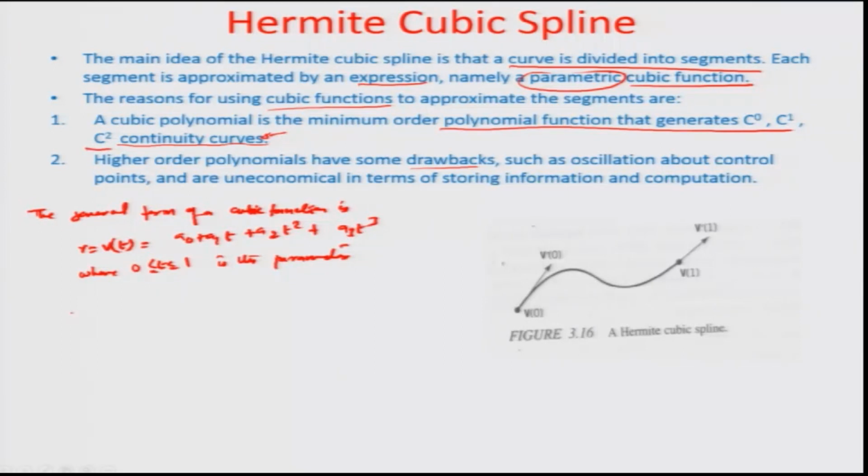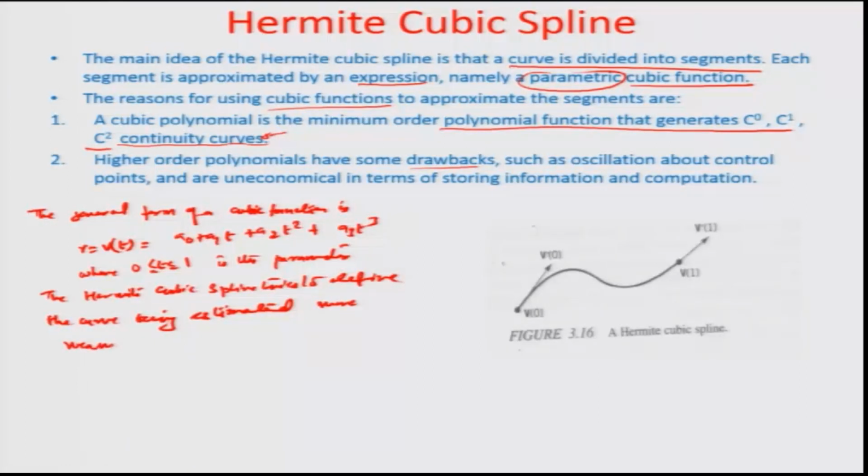The Hermite cubic spline tries to define the curve being estimated more meaningfully in terms of V0, V1, V dash 0, V dash 1.